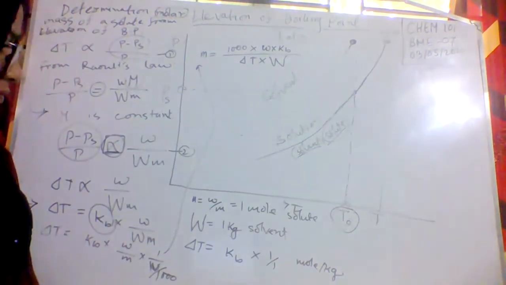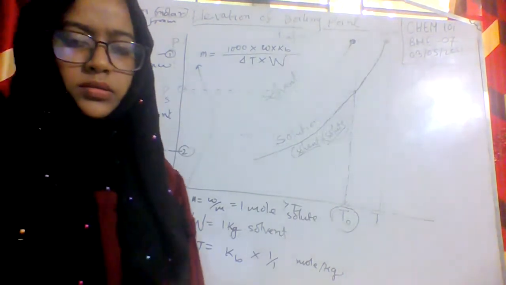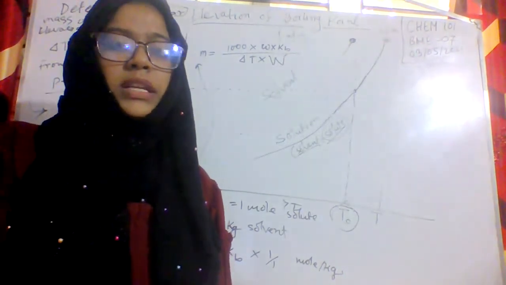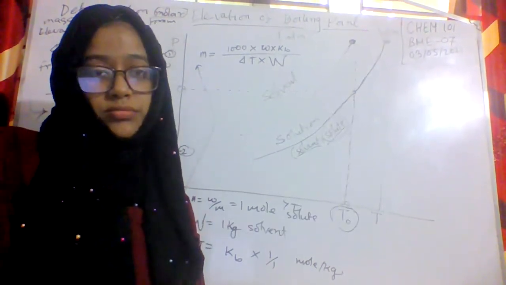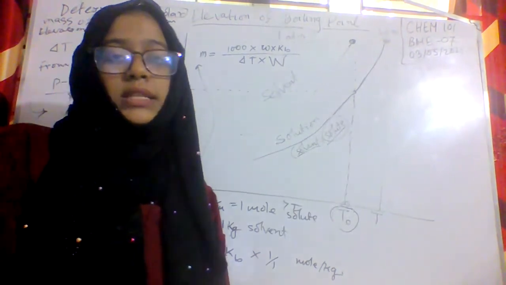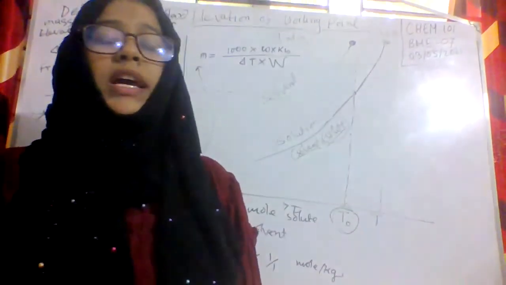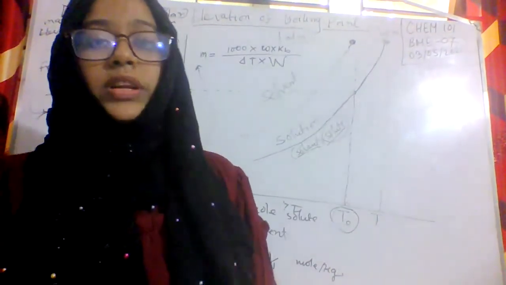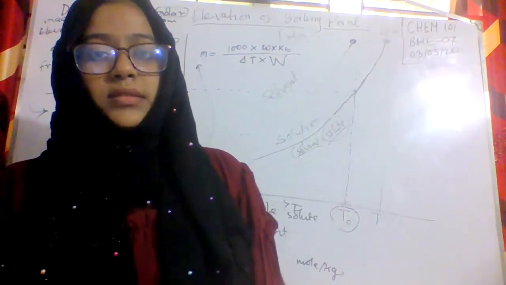Ma'am, can you tell me again the name of the Kb? The name of the Kb is the molar elevation constant. You will find in your reference book that it is boiling point constant or ebullioscopic constant, molar elevation constant.